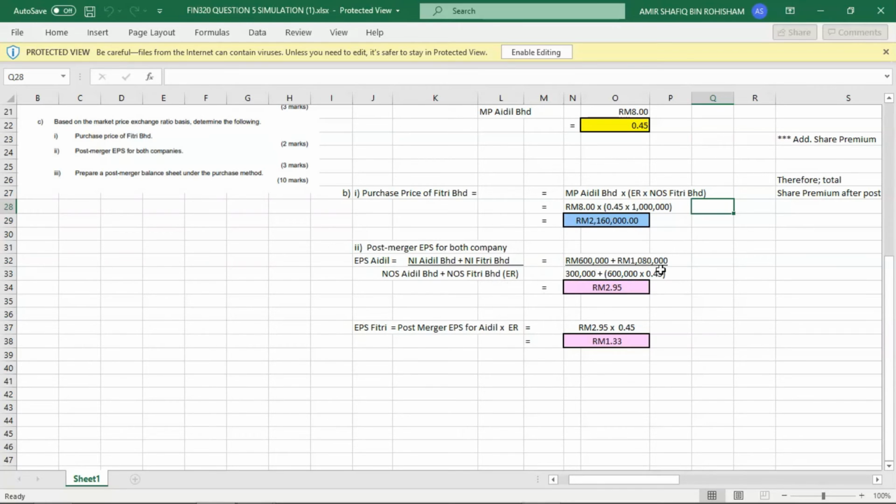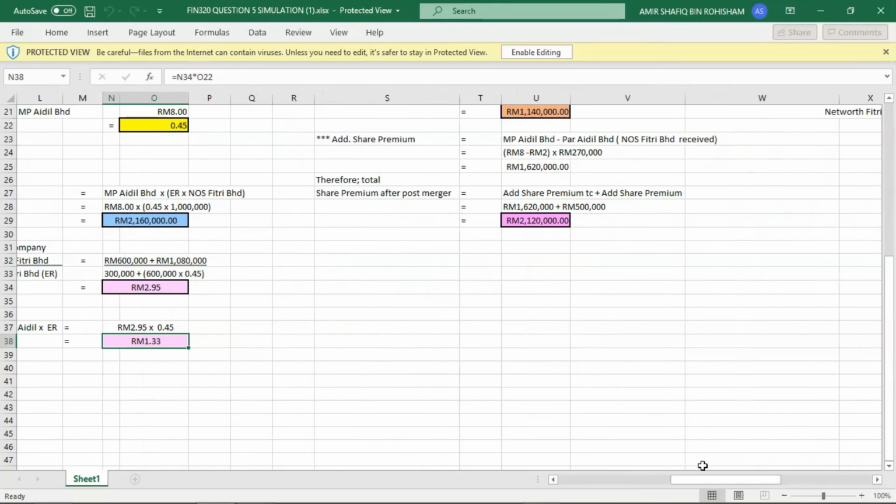This will be the equation: 600,000 plus 1,080,000 divided by 300,000 plus 600,000 times 0.45, and we will get 2 ringgit 95 cents. For EPS of Fitri Berhad, we use post-merger EPS of Aidil times ER, which is 2 ringgit 95 times 0.5. We will get 1 ringgit 33 cents.